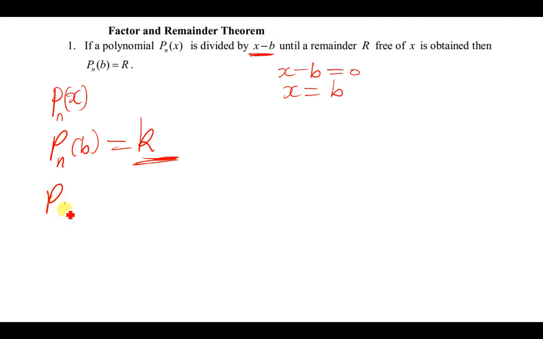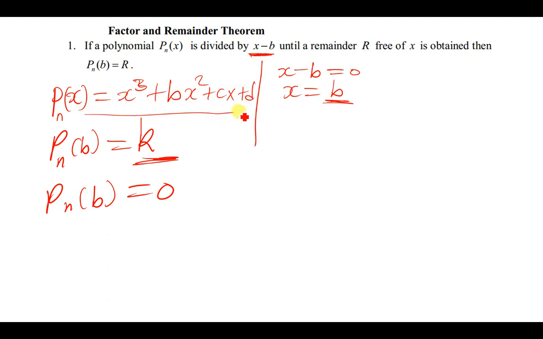If, after replacing x with b in the polynomial we've been given, let's say x to the power 3 plus bx plus cx plus d, you get any answer, let's say 3, it means that the remainder is 3 when you divide this into that polynomial. And if the answer is 0, it means that the remainder is 0.